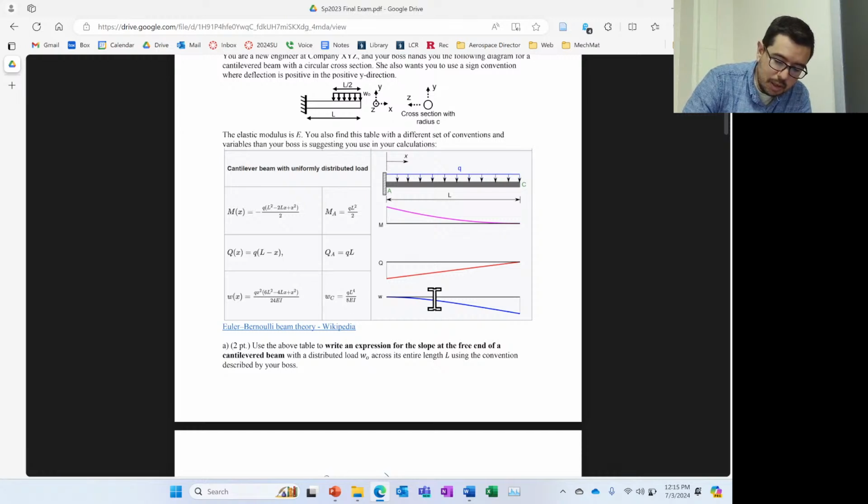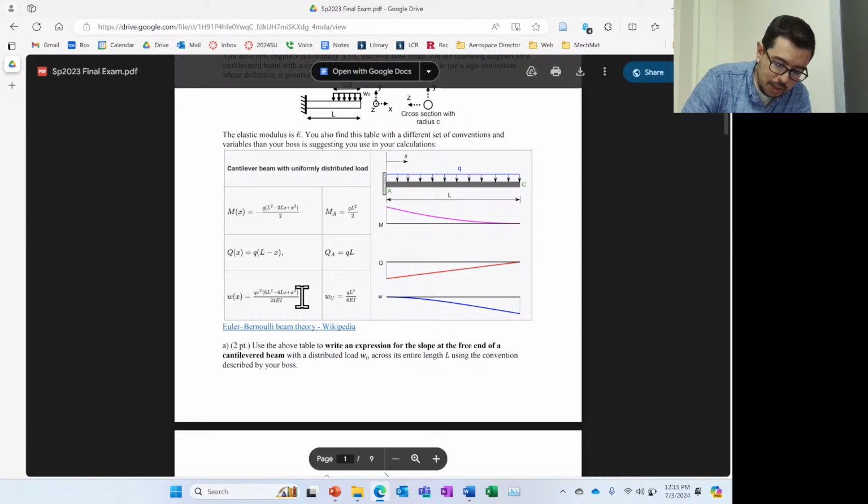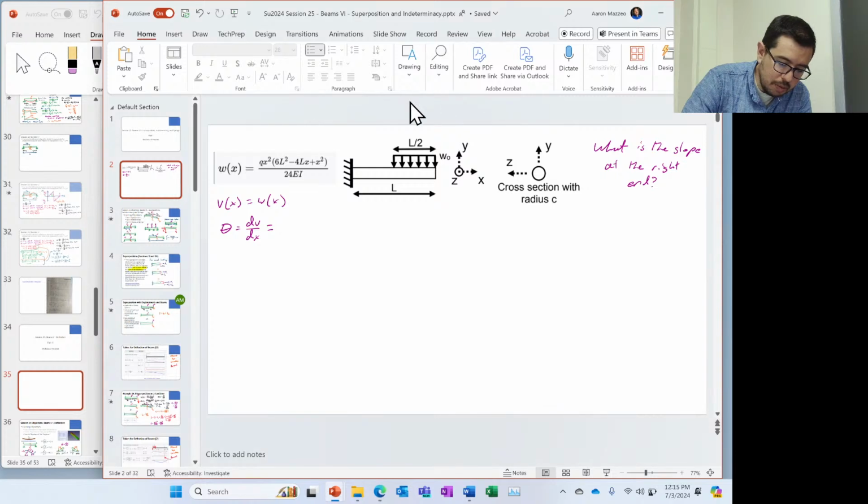Another thing to keep in mind is that this displacement is going this way, so it's actually positive downward. For example, if we plug in L, what do we get?